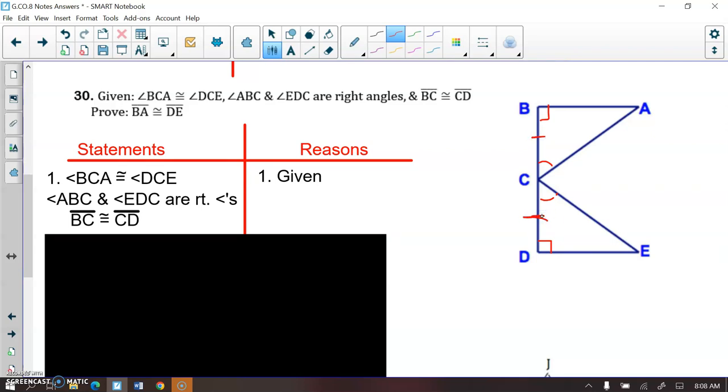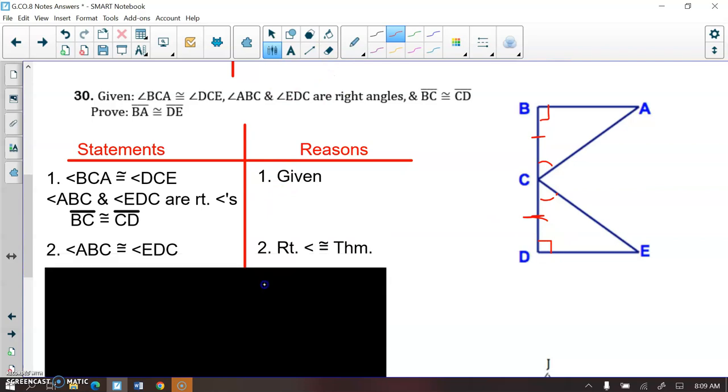Now, some of you may be thinking HL. However, we only have one side and one pair of angles congruent. We do not have the hypotenuse congruent, so we're not going to be using HL. Instead, we're going to be using ASA. But we do need to state that angle ABC and angle EDC are congruent. And how we can say that is by the right angle congruence theorem.